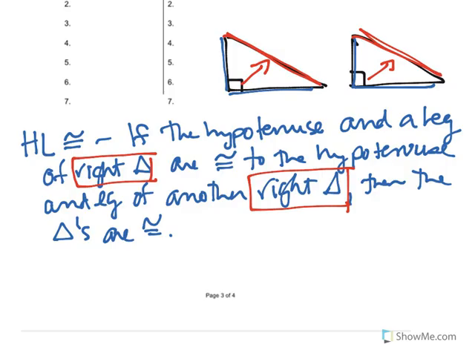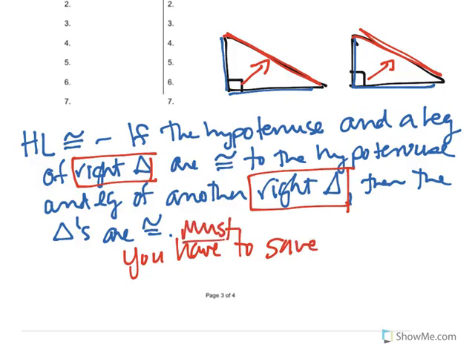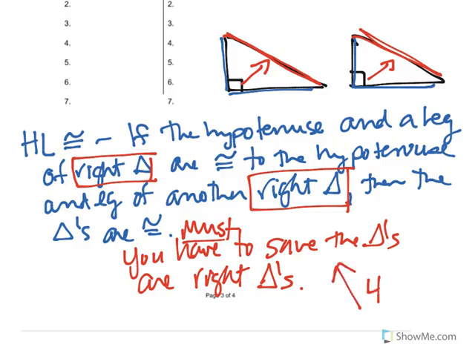And so somewhere in your proof, you must say the triangles are right triangles. And in order to prove triangles are right triangles, you have to show that they have right angles. So really in your proofs you're going to have 4 steps in order to prove that 2 triangles are right triangles.